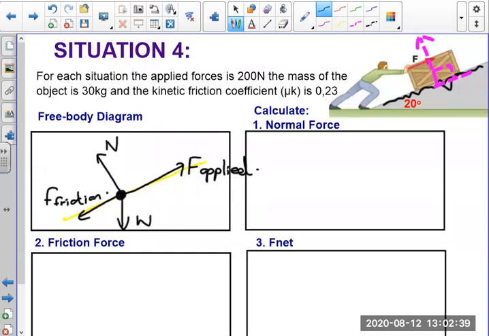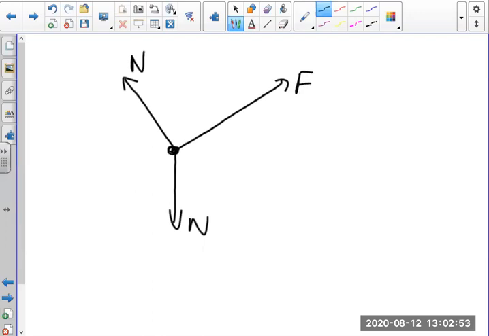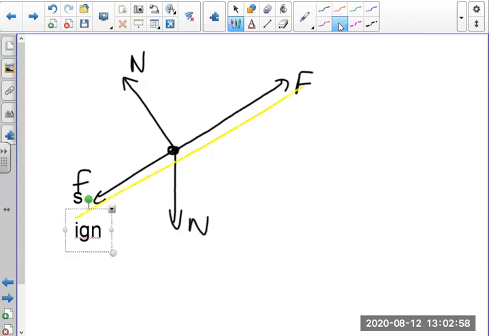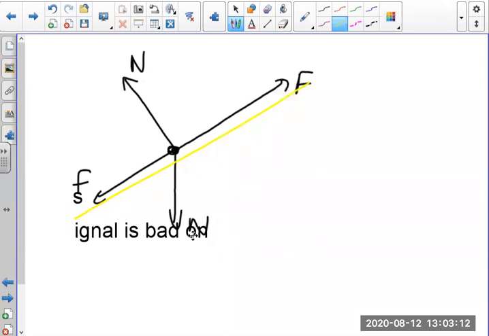But what you need to remember, yes, I'm going to keep this there. If I have this object, that would be the weight. This is the normal force. Here I have the applied force, and there I have the friction force. And this is the slope that we are talking about there.